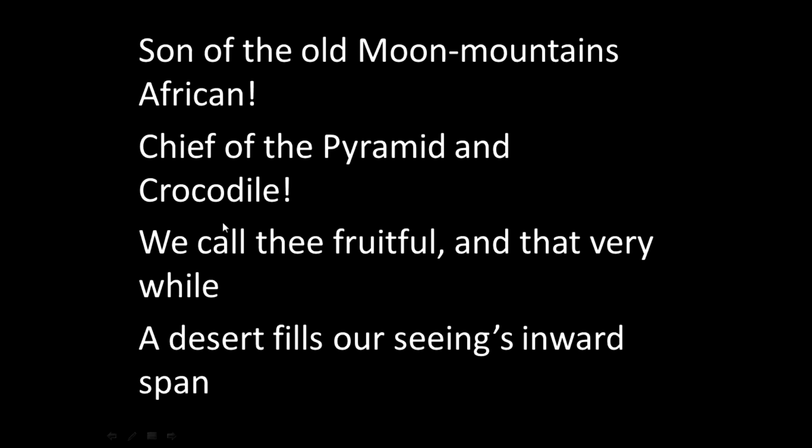It tells that there are a number of crocodiles, and a kind of crocodile species living in this river Nile, and it has become chief to the pyramid and crocodile. We call thee fruitful and that very vile. A desert fields are seen in what span.